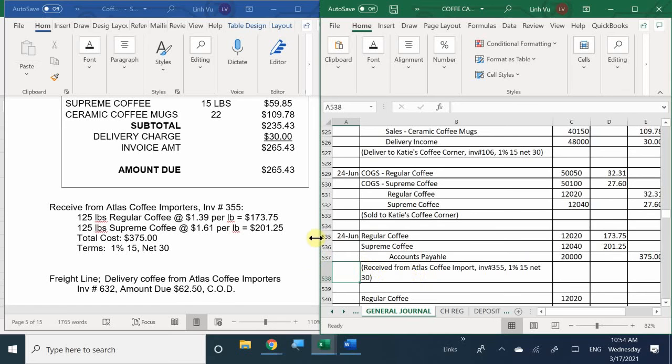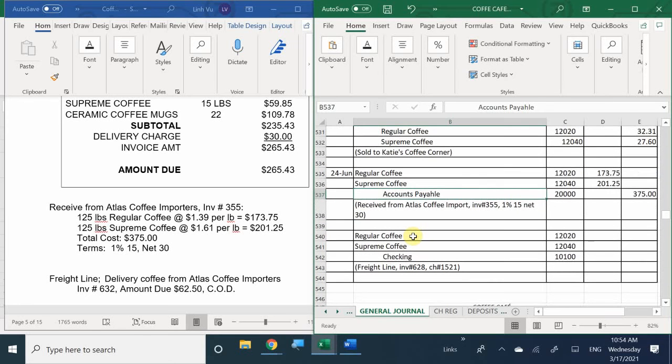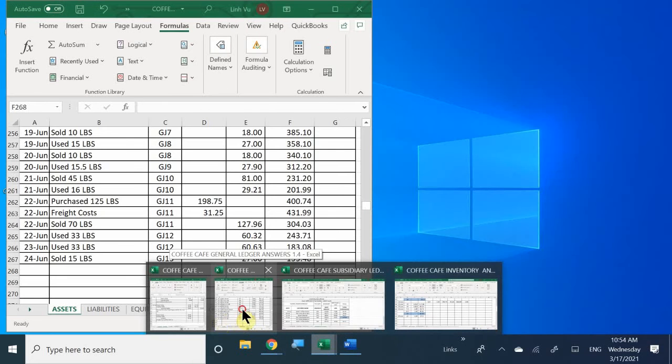Okay. All right, to accounts payable. So what's next? General ledger.